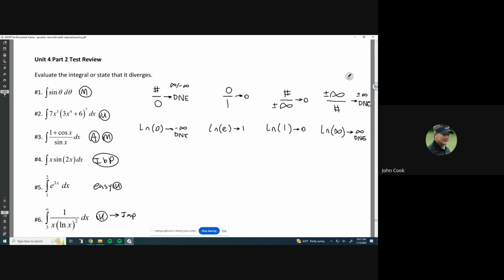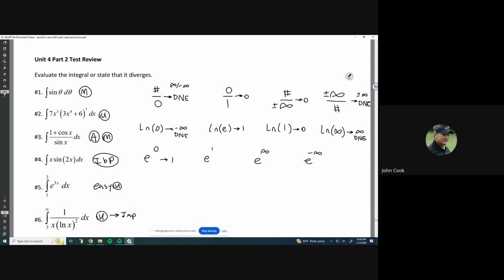And then the last thing you want to watch out for are the exponential functions. So e or some base to the 0 power, e to a power of 1, e to an infinity power, and e to a negative infinity power. Okay, so if you have e to the power of 0, that just goes to 1.